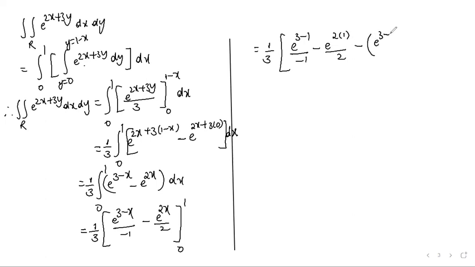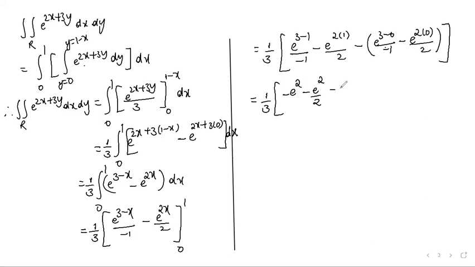At the upper limit x = 1 we get -e^2 minus e^2/2, and at the lower limit x = 0 we get -e^3 minus 1/2.